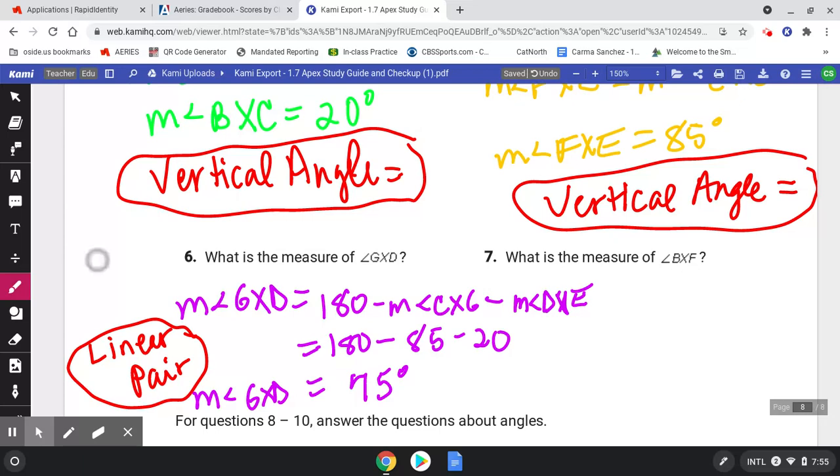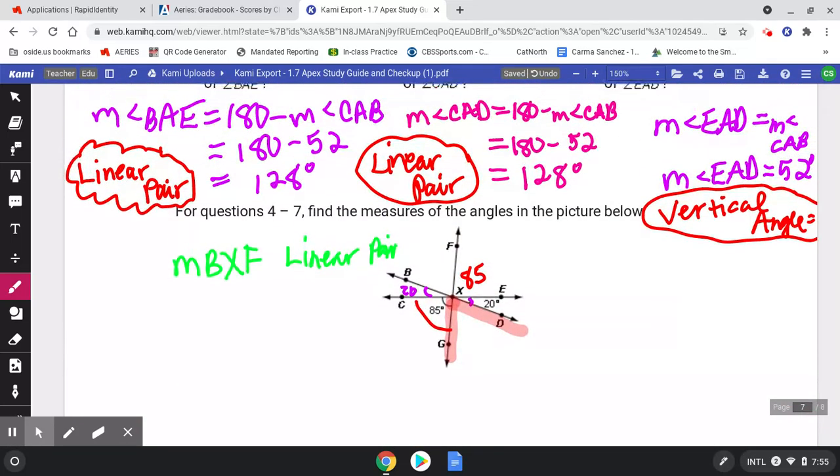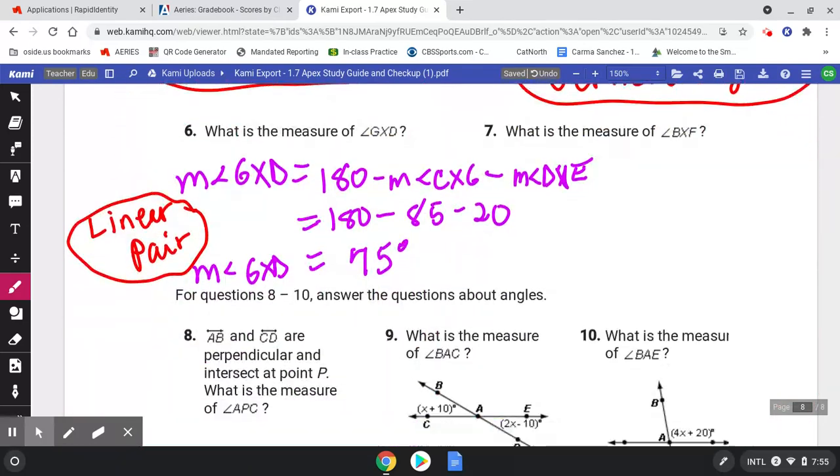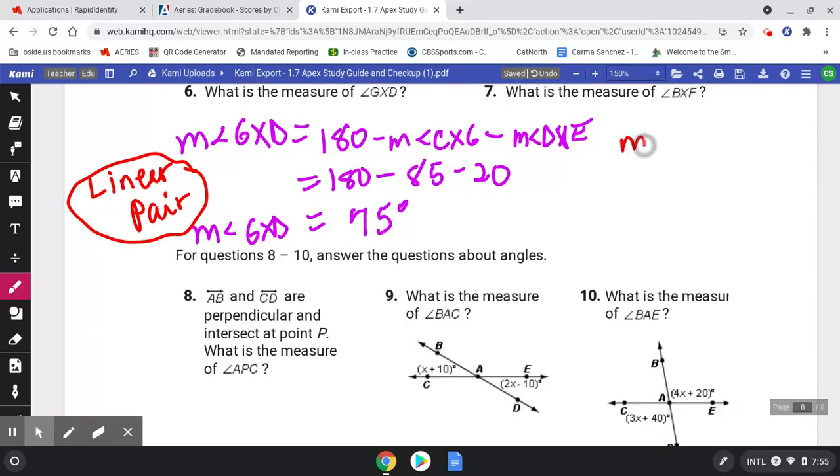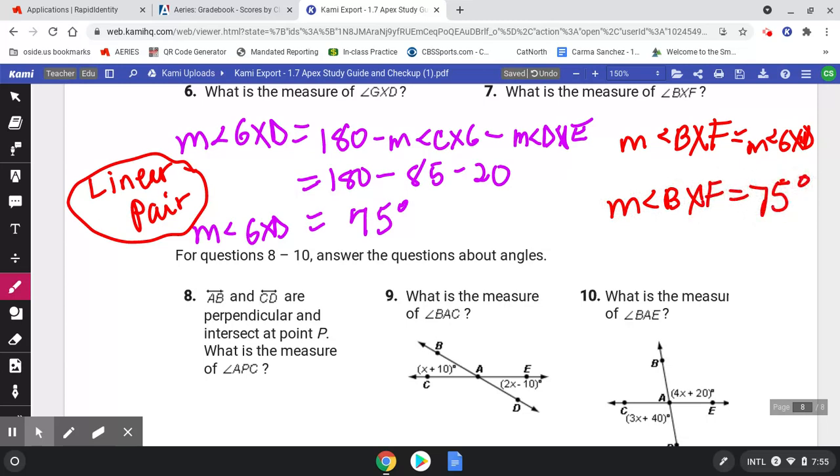Okay, now let's go find the last one, BXF. BXF can be done a couple of different ways. That's this guy over here. And since it's vertical to the one we just found, that's one route to take. So I can say that the measure of angle BXF is equal to the one we just found, measure of angle GXD, which means that it is equal to 75 degrees, and that would be by vertical angles.